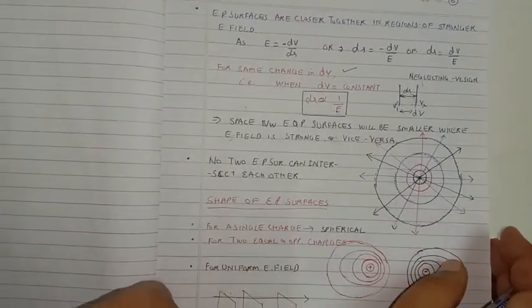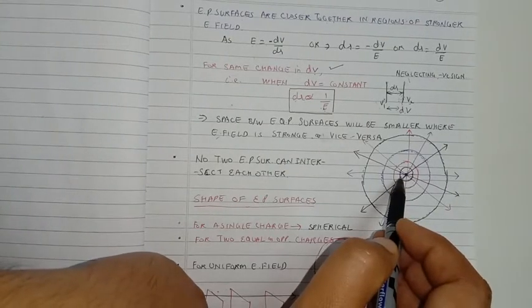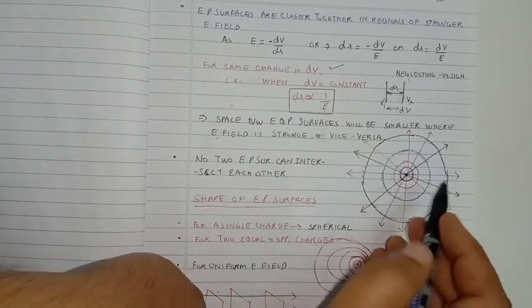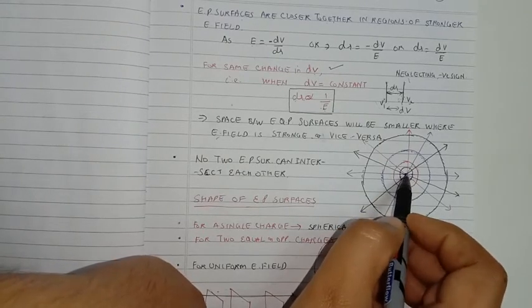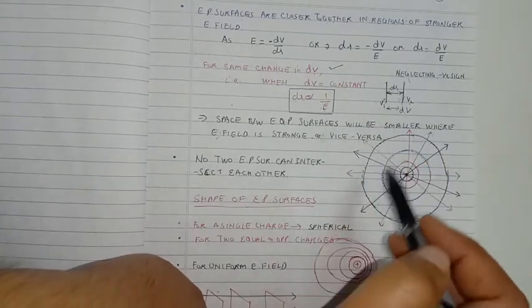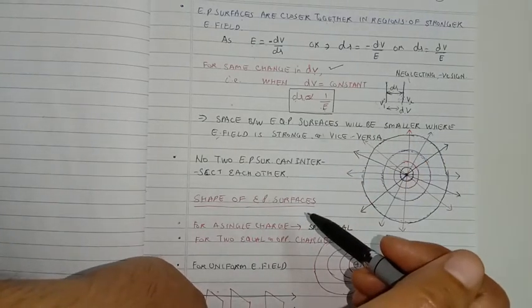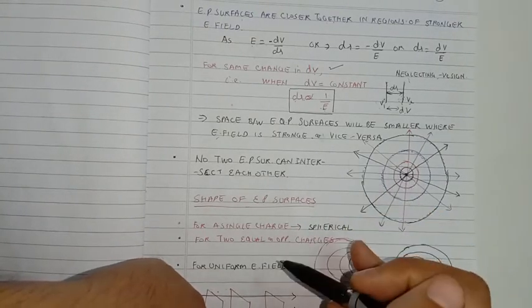If we consider equipotential surfaces around the location of a point charge Q, here we have placed a point charge Q. Around a single point charge we can draw as many equipotential surfaces as we desire, and they will extend from the location of the charge up to infinity.